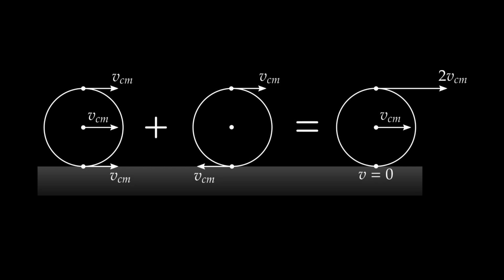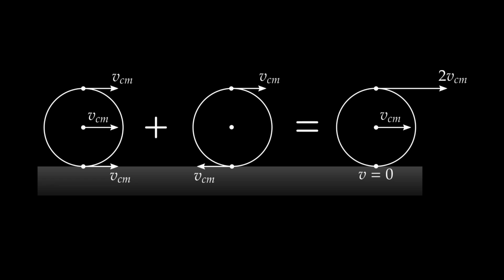Adding vectors here at the point on the top of the disk. According to the translation, the top of the disk is moving with a velocity VCM. According to rotation, the top of the disk is moving with a velocity VCM. And so the top of the disk is moving with a velocity 2 VCM. I've just added those vectors together.